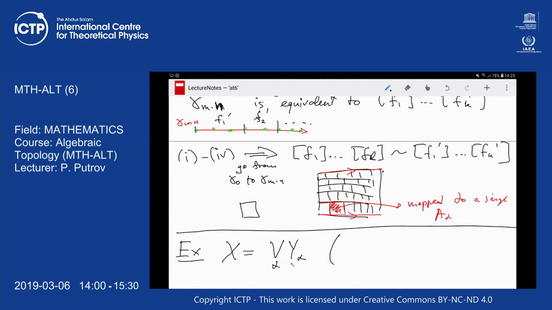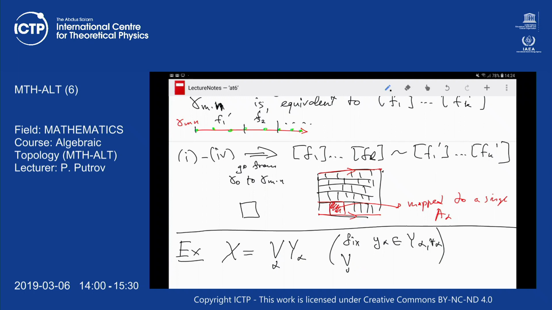Let me remind you of the definition of this wedge product. First, for each index which labels these topological spaces Y alpha, we want to fix some point, which will be denoted by small y alpha.